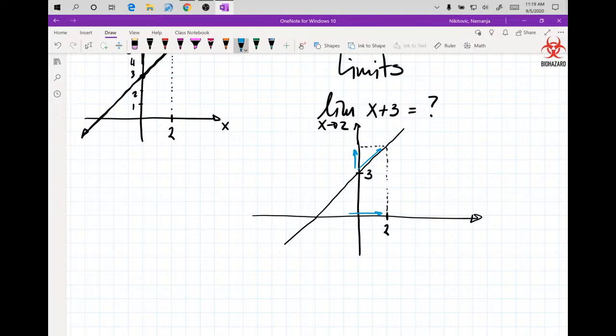So that's the motion for approach from the left. Let's say it's blue approach, and if you are looking at the picture here, you see that as you are approaching 2 on x, the blue arrow approaches 5 on the y, right?